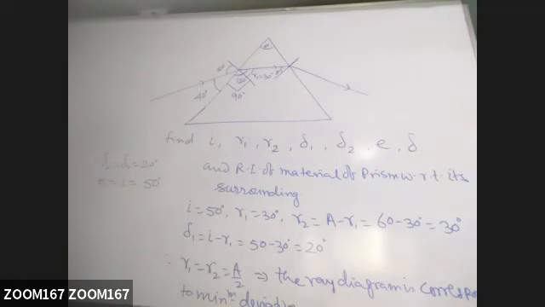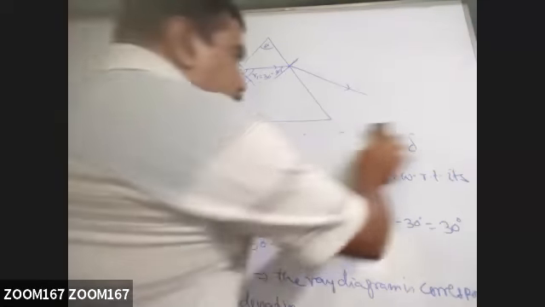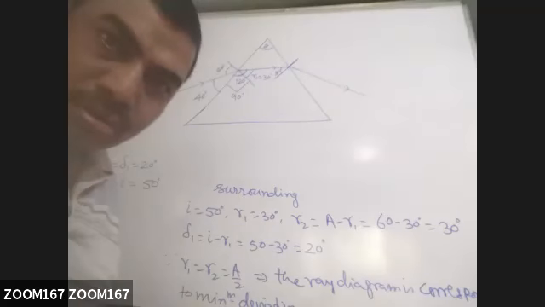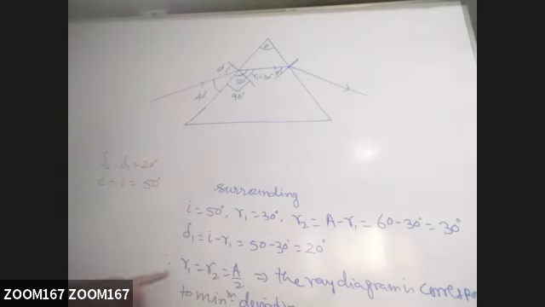Now refractive index of the material of prism. R1 equal to R2 equal to A by 2.